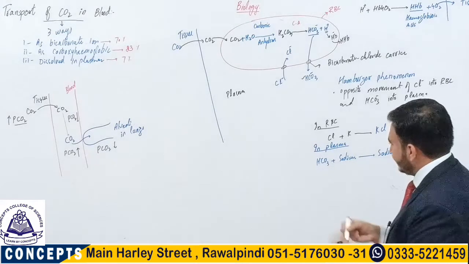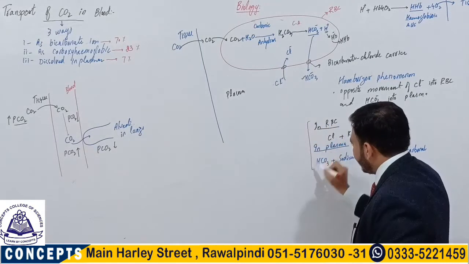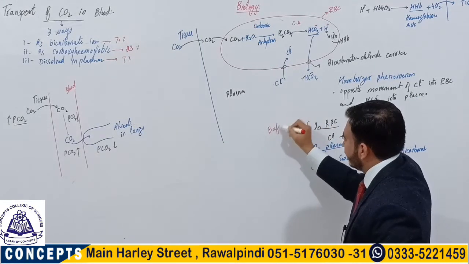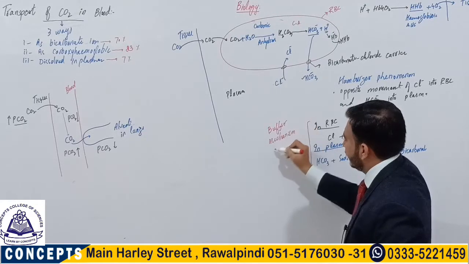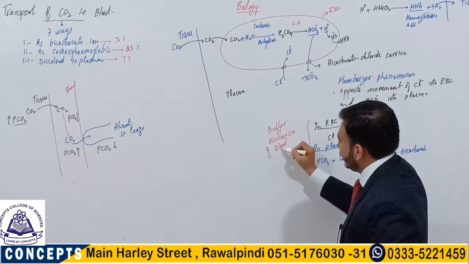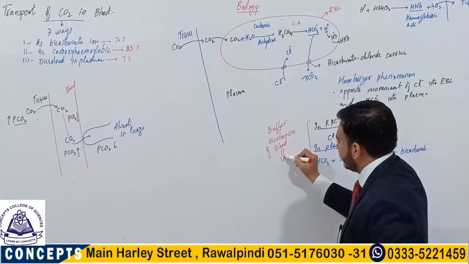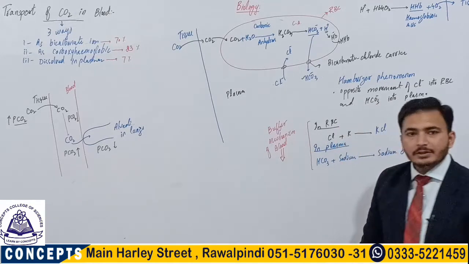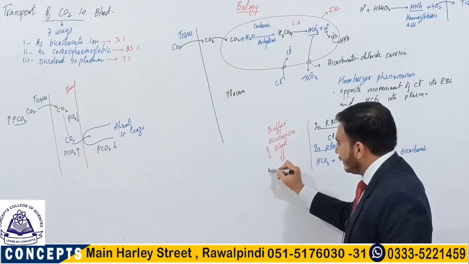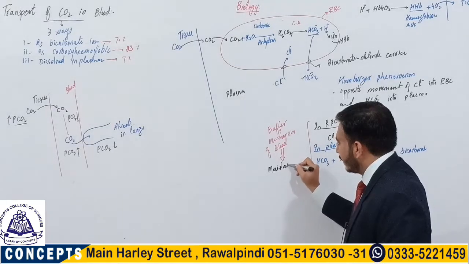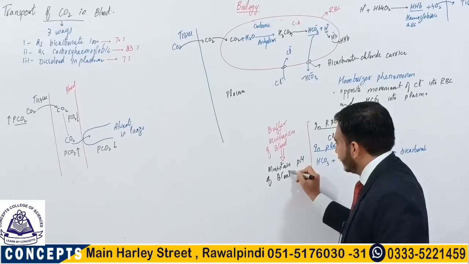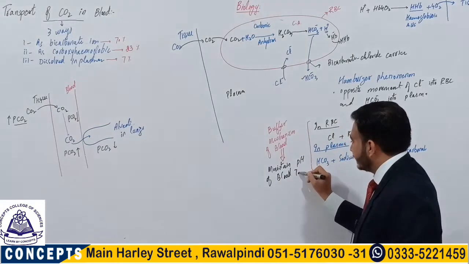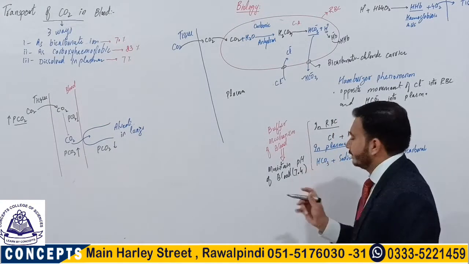This mechanism is known as the buffer mechanism of blood. The function of this buffer mechanism is to maintain the pH of blood, and the blood pH is 7.4.